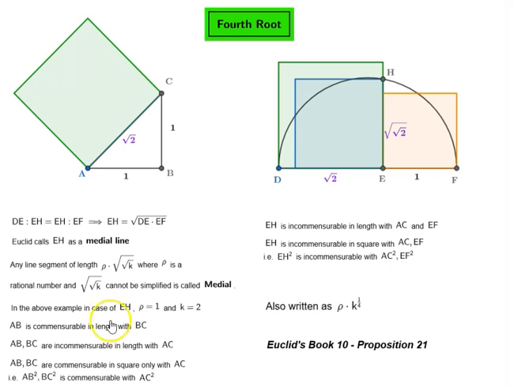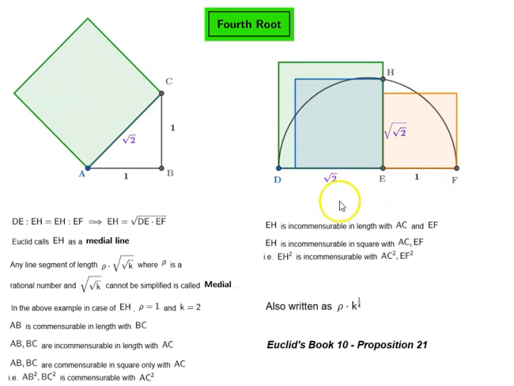And by the way, rho times root k is also written as rho times k to the power of 1 by 4. So you have seen how we can draw a line segment EH whose length is the fourth root of k, specifically speaking, the fourth root of 2.